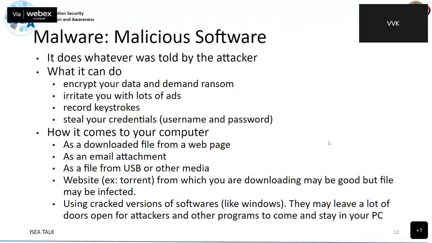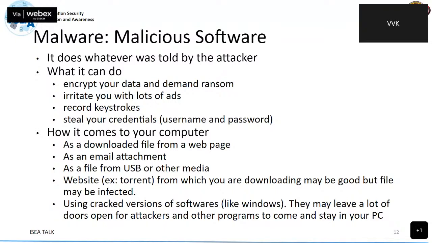How are these attacks carried out? Through malware. Malware is short for malicious software. What does this software do? It does whatever was told by the attacker. So what are the things that the attacker can tell this software to do?